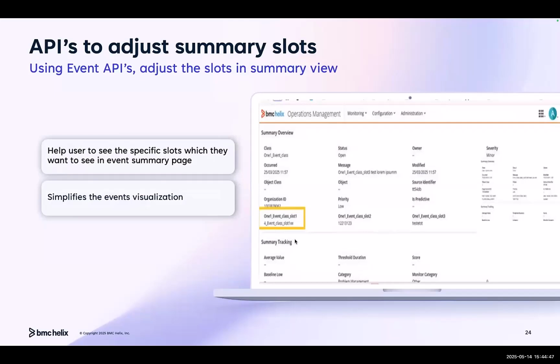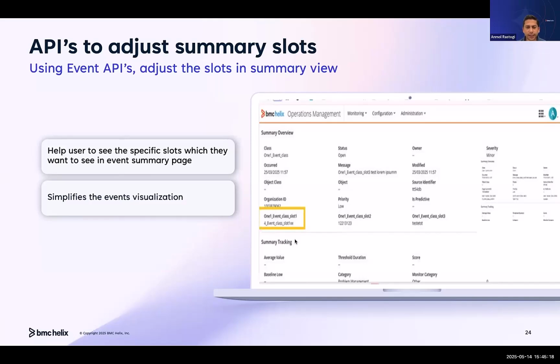Okay, perfect. Now, another important change that we have brought back from TSOM days to BHOM days is introducing the event APIs, to adjust the slots in the summary overview page. Again, this was coming as feedback from customers, where customers wanted to adjust this summary overview page not to the default slots, right?